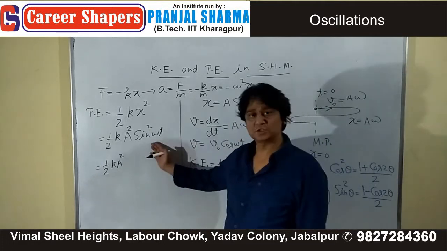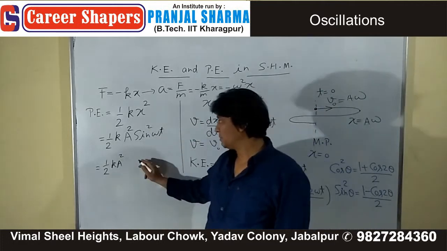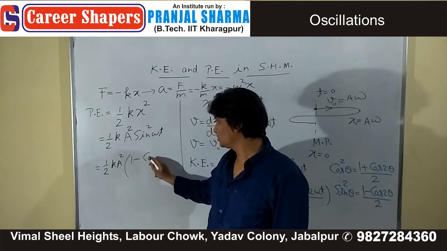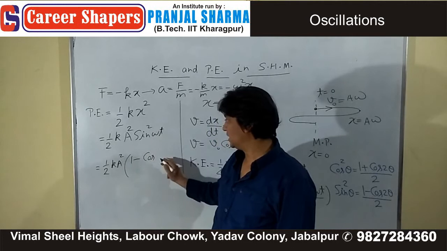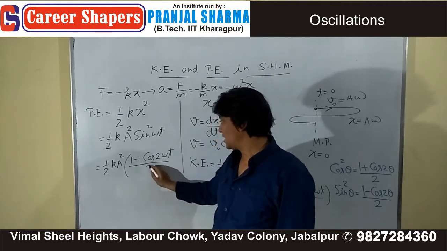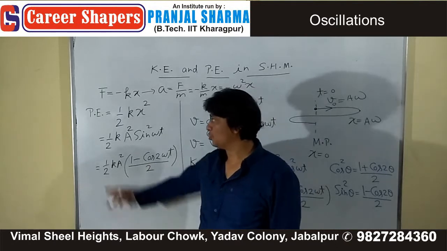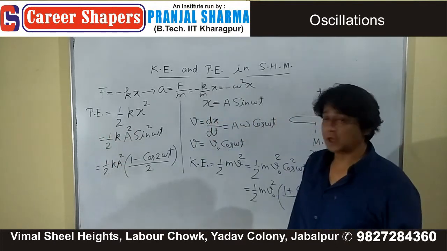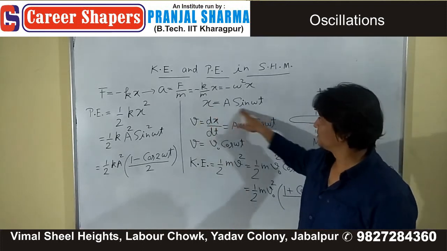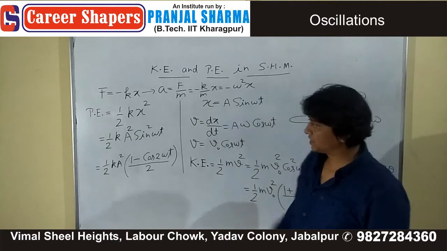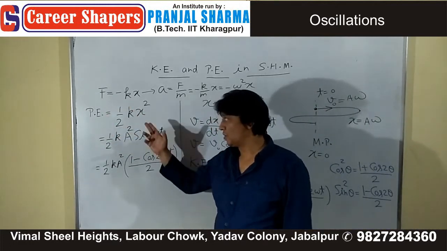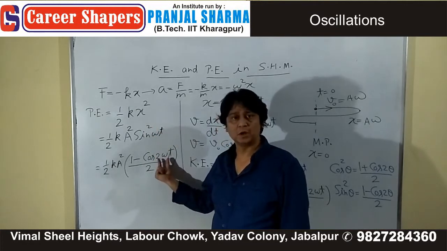So if we have sine square omega t, it becomes 1 minus cos of 2 omega t, whole divided by 2. This gives you the potential energy. Again, if the angular frequency of SHM is omega, you can see that the angular frequency term for potential energy is 2 omega.